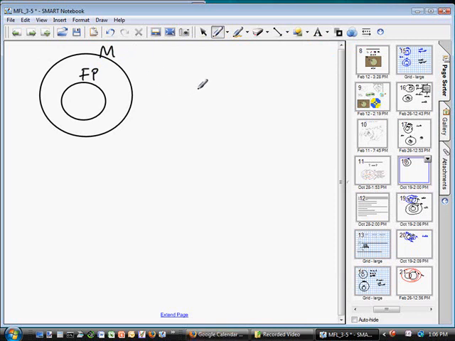Statement 2, Jack is muscular. So where do I place Jack? Isn't that one of those, just like before, where Jack could be in either place? How about the conclusion? Does Jack have to be a football player? No. Can you see that that's invalid just by looking?